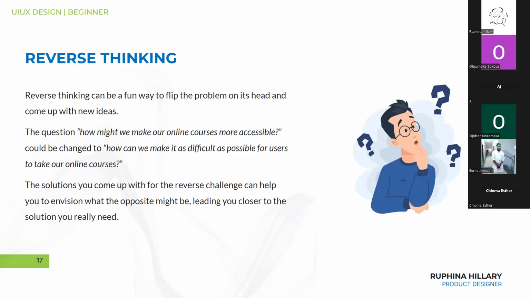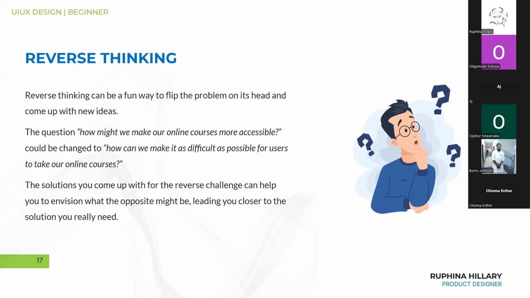This is the how might we statement that was derived from our problem statement. If you want to employ reverse thinking here, we would ask ourselves, how can we make it as difficult as possible for our users to take our online courses?